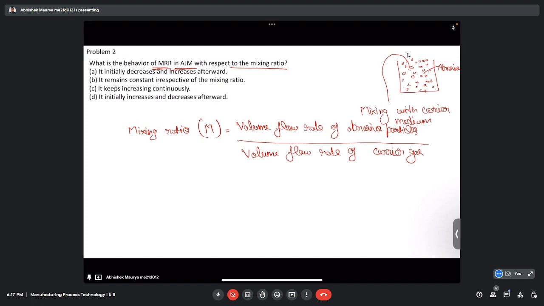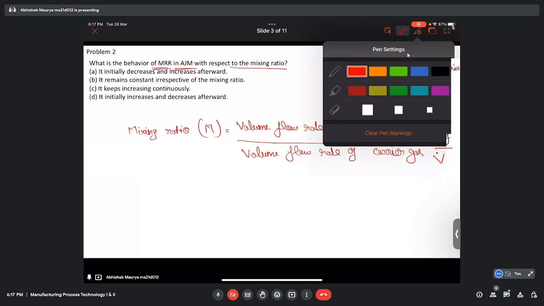Or in short form we can write V dot A divided by V dot G.